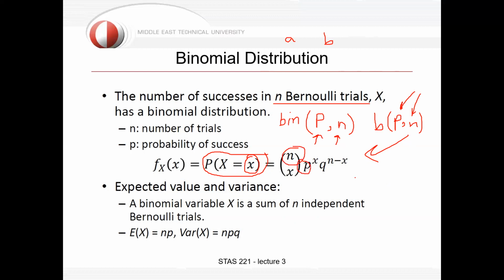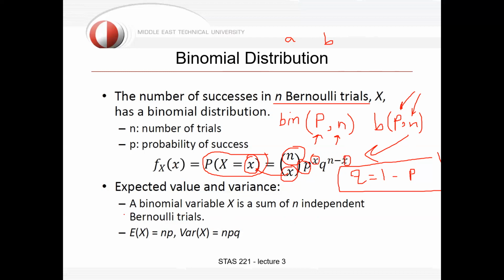And what is q? q is 1 minus p, so you can always calculate it easily. And x is related to the question we are asking. So what's the probability of x equal to 1? You say x inside this formula is equal to 1.